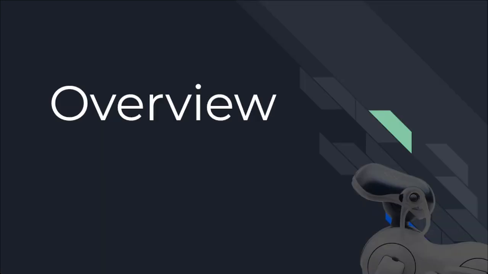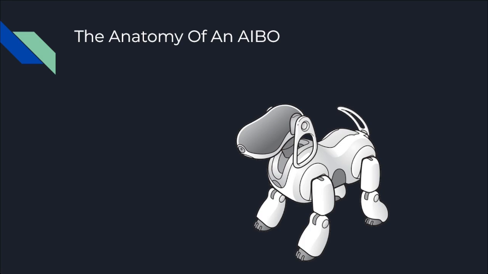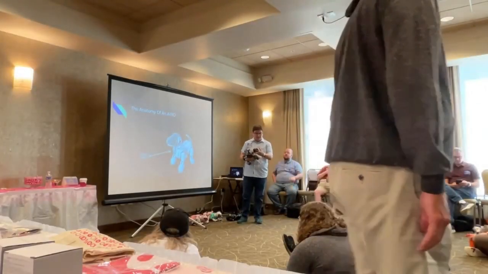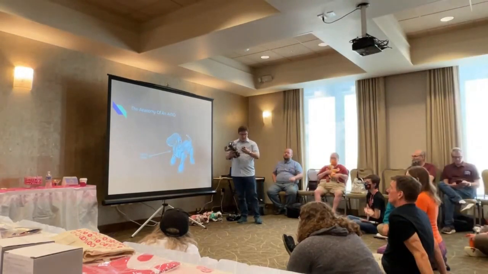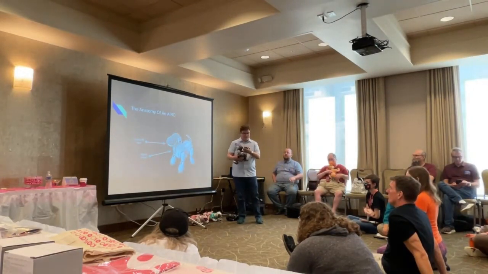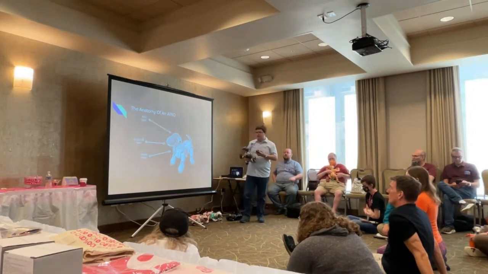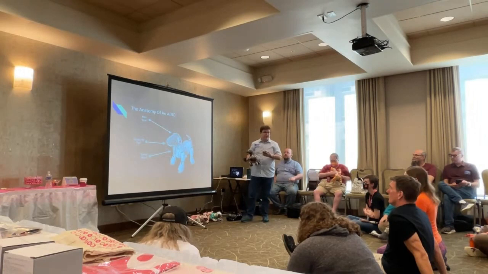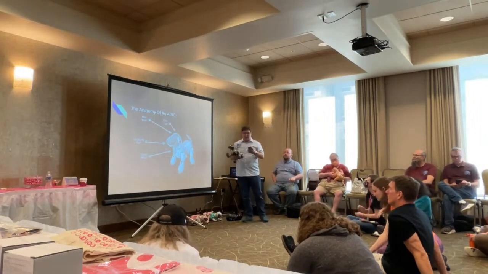Okay, so before we go sculpt the marble here, we have to analyze the marble. So let's talk about the anatomy of an AIBO for a second. The robot has servos for moving around. The camera and infrared sensors let it see its environment. Binaural microphones, meaning microphones on both sides, for listening to commands.